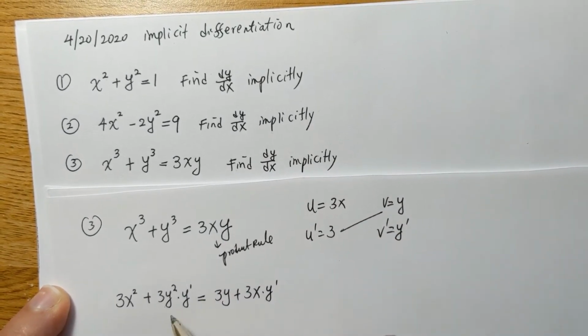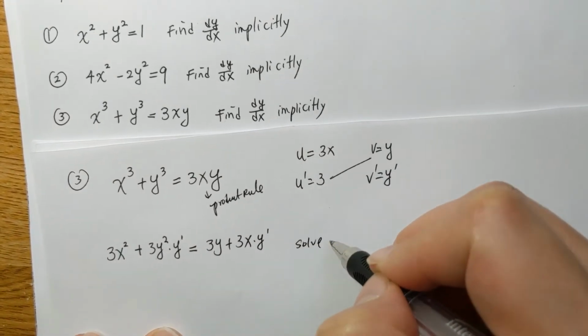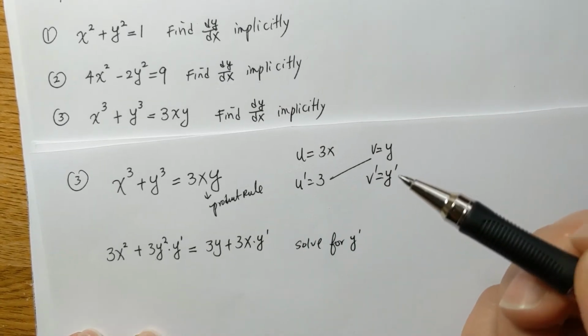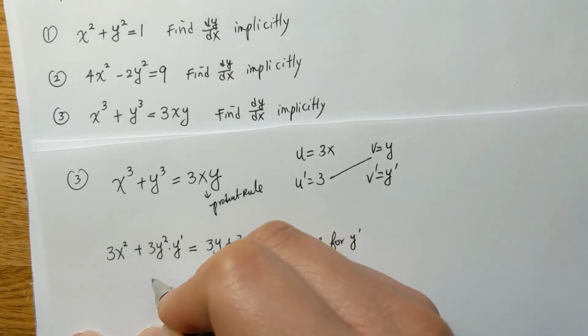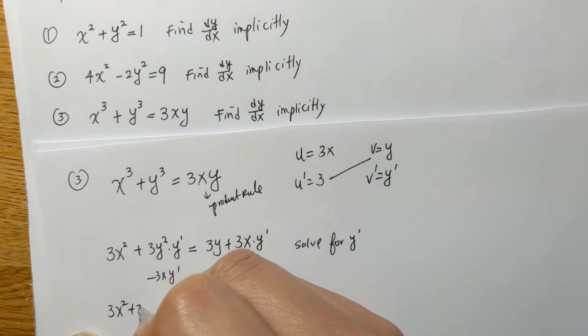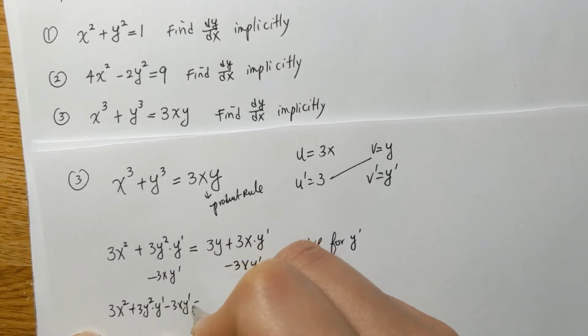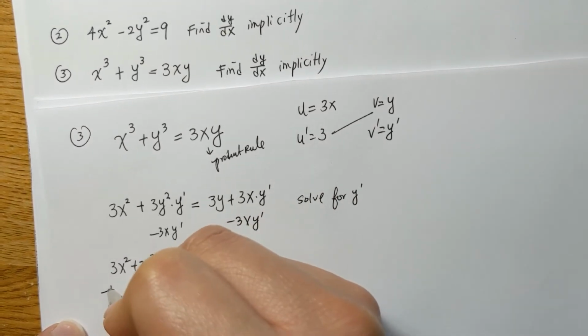There are two terms with the y prime, so we're going to solve for y prime. We have to put all the terms with the y prime together. So I'm going to subtract the 3x y prime. And then I'm going to subtract the 3x squared from both sides.